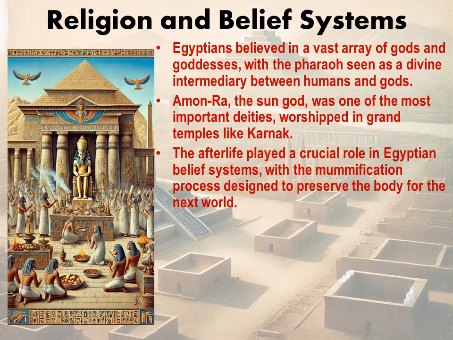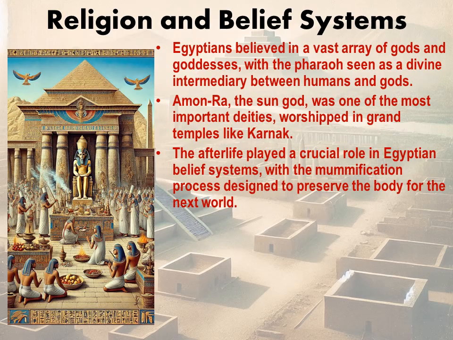Mummifying the body means taking out the internal organs and treating it with many chemicals in order to preserve the body, so that the person who has died can carry the body into the next world. And along with mummies, different kinds of essential things used to be preserved. This is one of the most significant belief systems of the Egyptian culture, where the afterlife played a very important role.